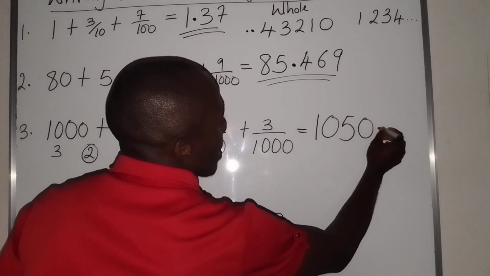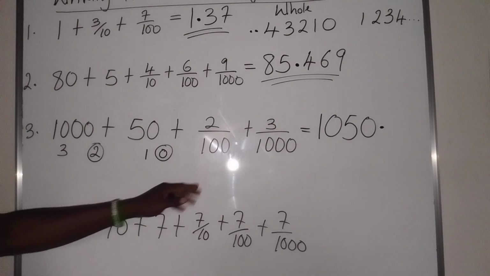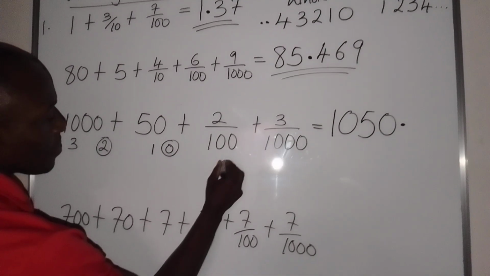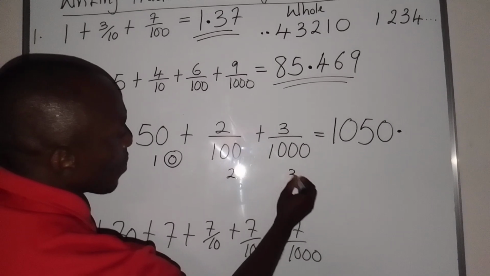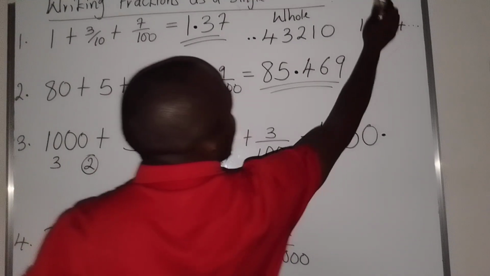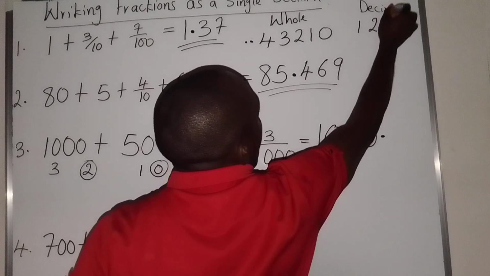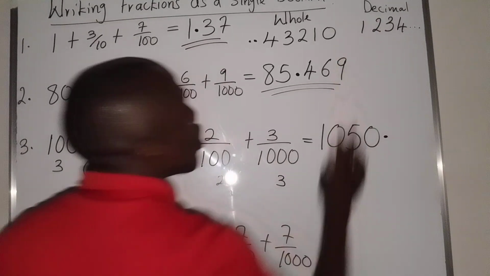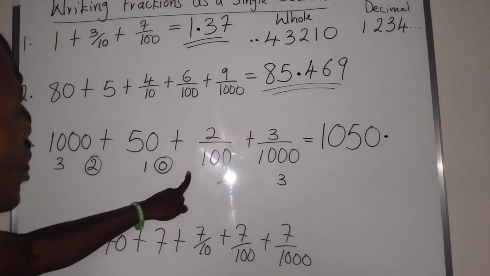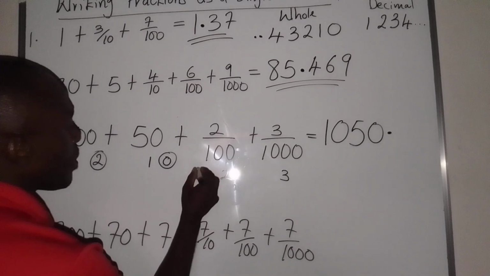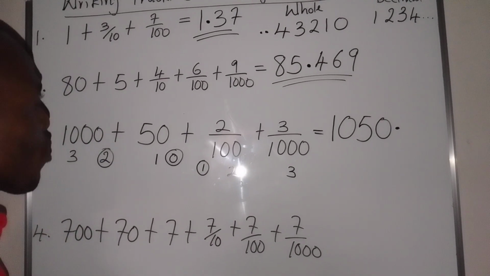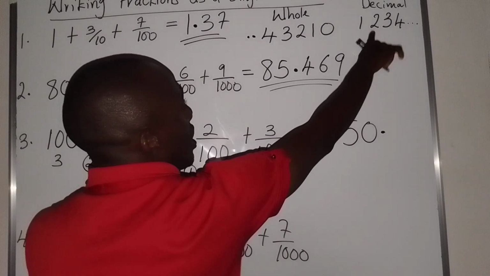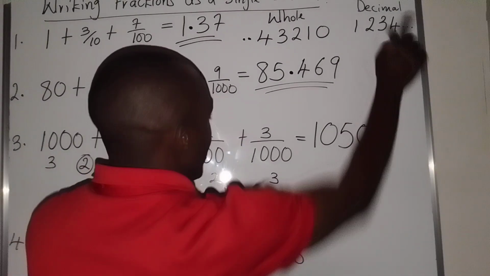So let's go to the decimal part now. We have a number with 2 zeros and a number with 3 zeros. Looking at the decimal part, it's supposed to start with a number with 1 zero. Do we have a number with 1 zero? No, they skip a number with 1 zero, followed by a number with 2 zeros and a number with 3 zeros, as the case may be.